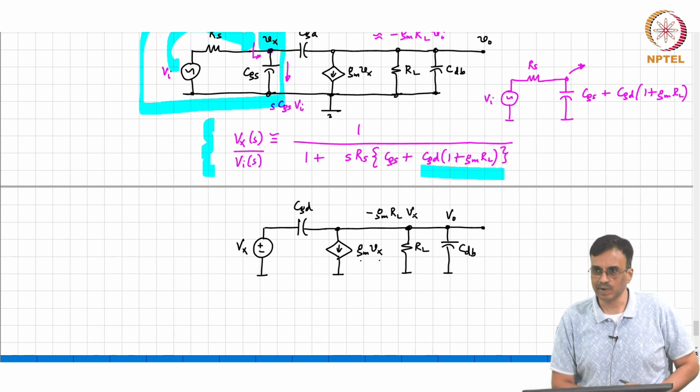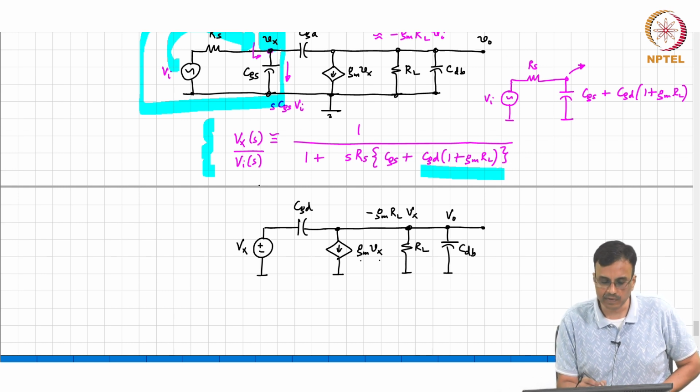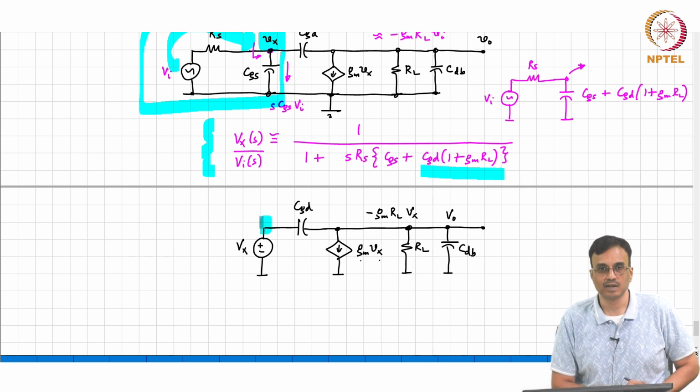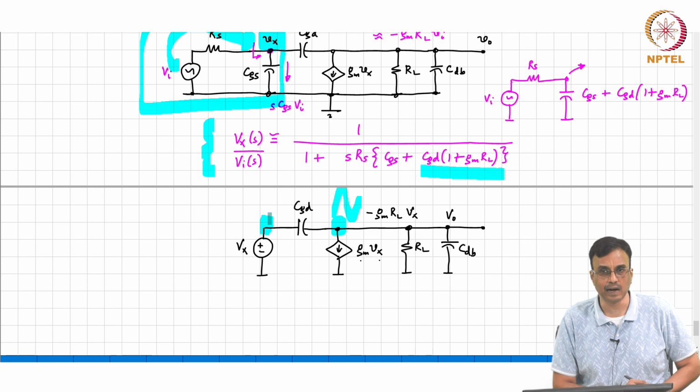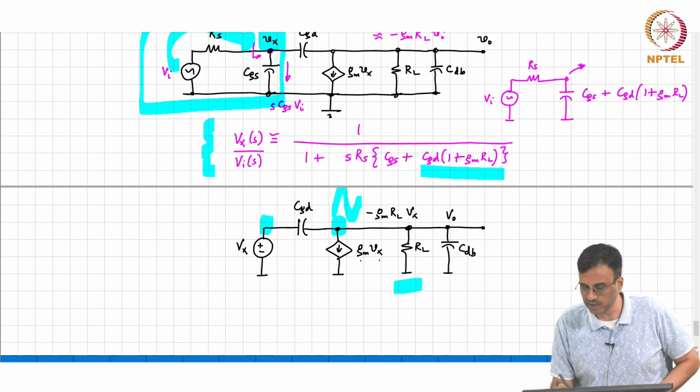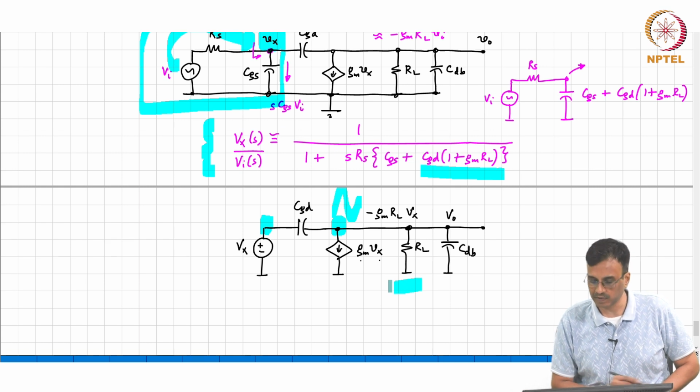Minus GM RL Vx is a much larger voltage than Vx. So, for all practical purposes, what comment can you make about this voltage? It is very small compared to this voltage, correct? This is swinging a lot, this is swinging very little, right? So, what comment can we make about the time constant across the capacitor CDB?